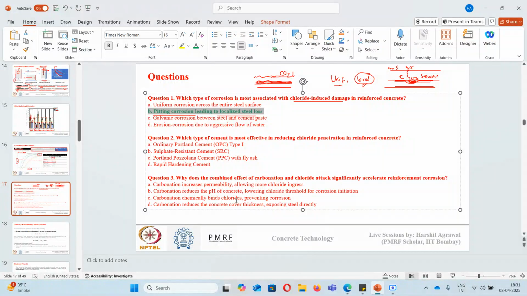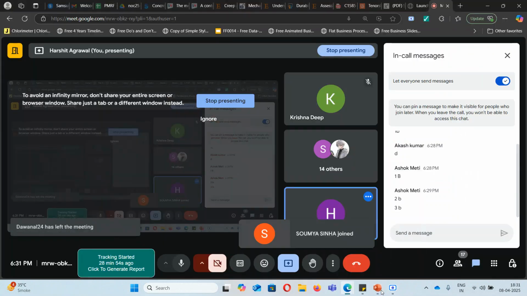For question number 2, what type of cement is most effective in reducing the chloride penetration in reinforced concrete? Can anyone tell me the answer? Okay, I have seen one answer.